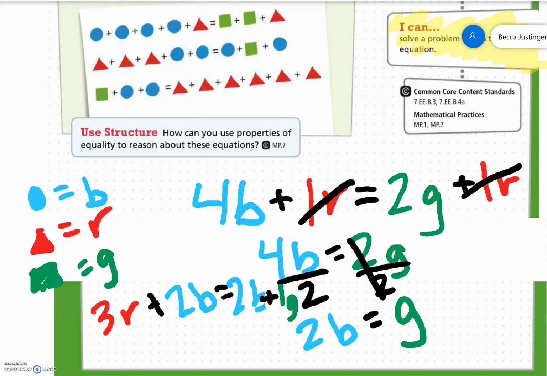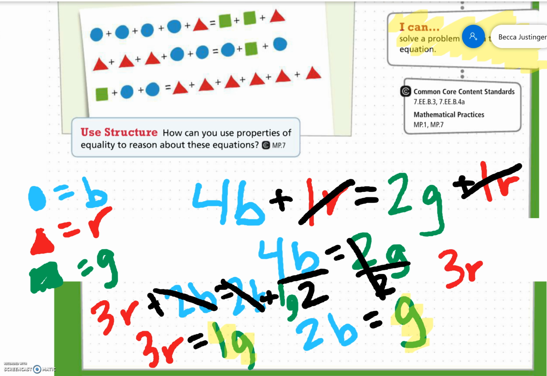Anybody else see something we can cancel out? The 2 blues. Now we know that 3 red is equal to 1 green. So if 3 red is equal to 1 green and 2 blue is equal to 1 green, that tells me that 3 red is equal to 2 blue.